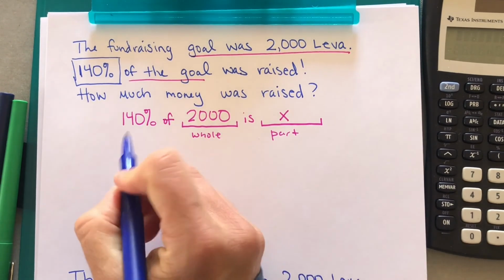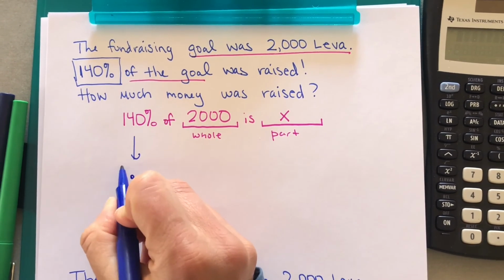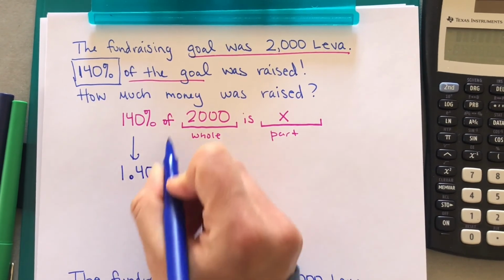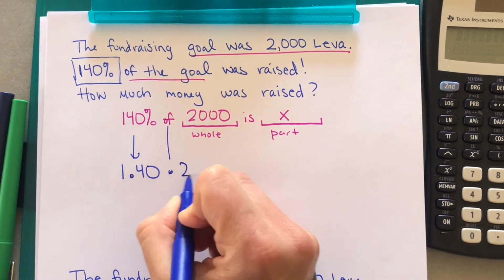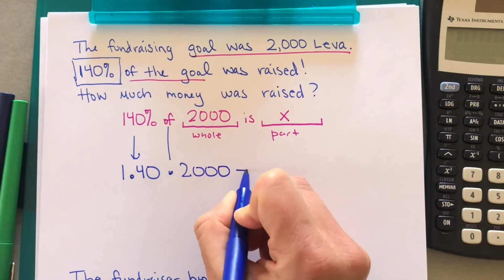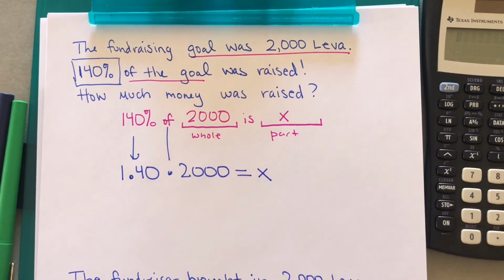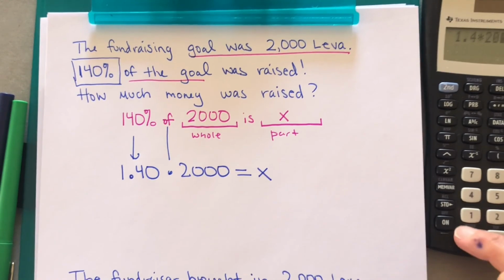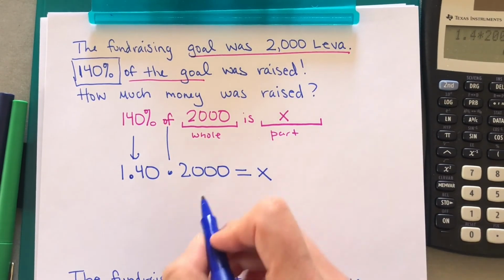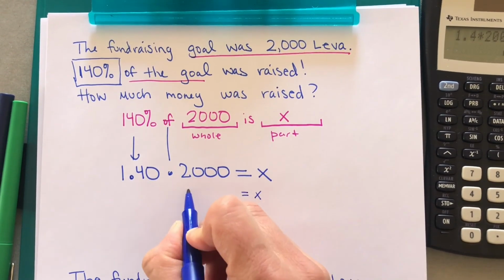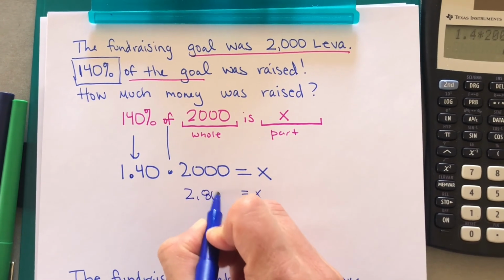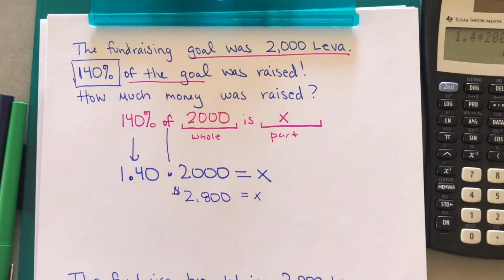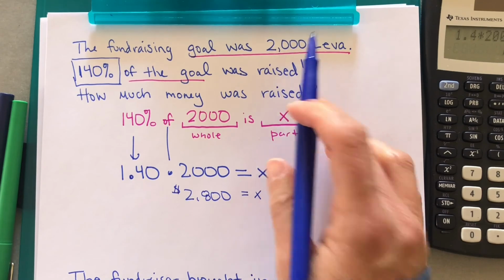So 1.40 times 2,000 equals our missing part. Then when I multiply, I get 2,800. So that means 2,800 leva were raised, which is more than the original goal of 2,000.